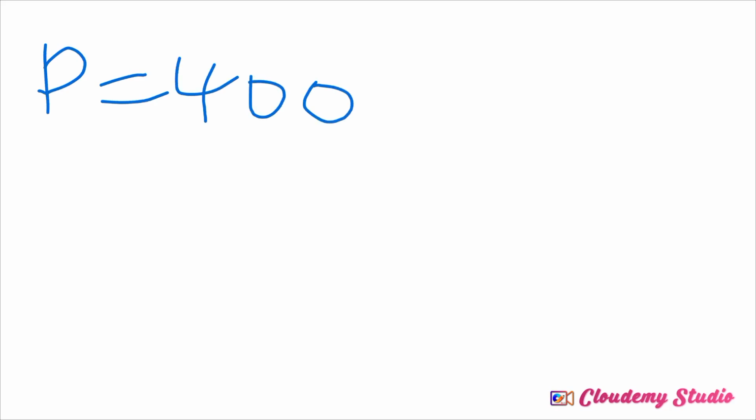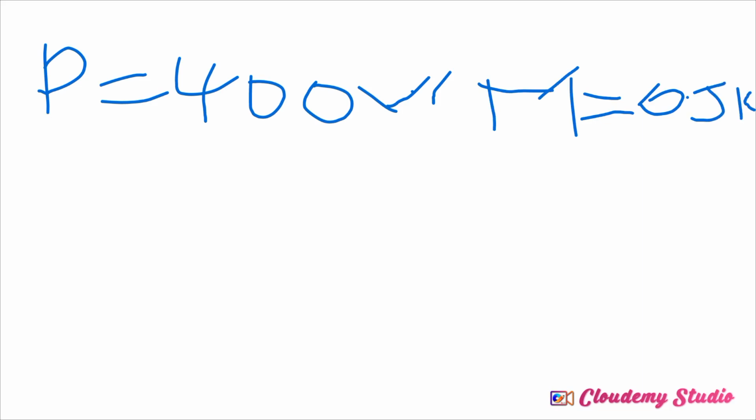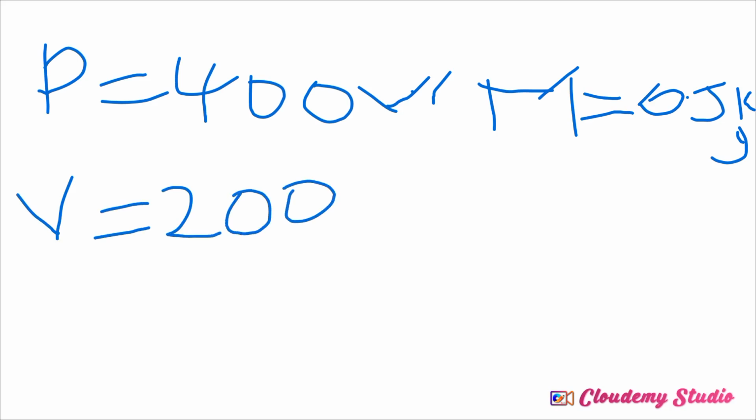So our power is 400 watts. Mass is 0.5 kilogram. Then the voltage V is equal to 220, and then we have the time to be 1 second.